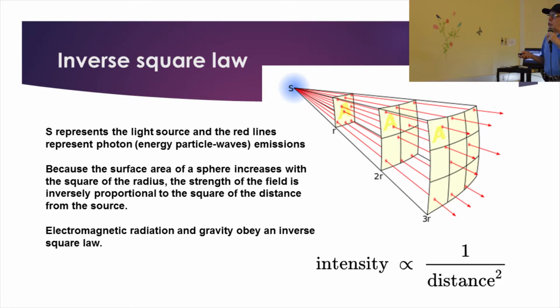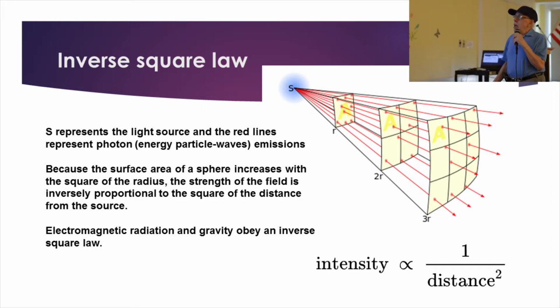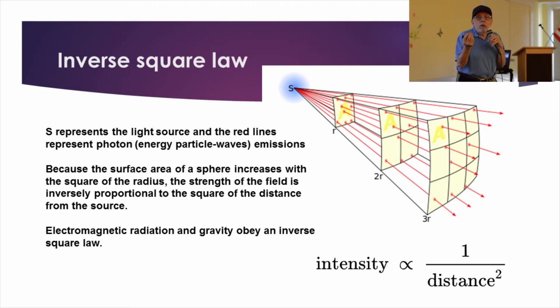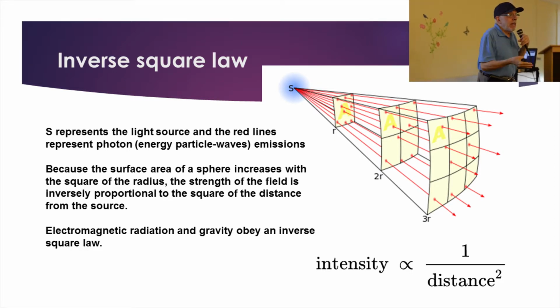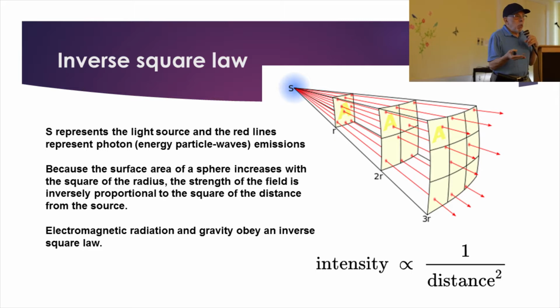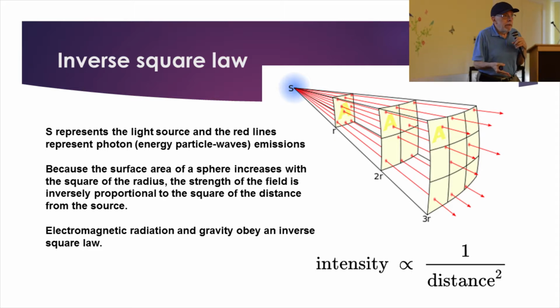If you move to 2r, double the distance, you have 4 times the surface area. Clear? Now, if you have 4 times the surface area but the same amount of radiation, that means the intensity of the radiation will be 1/4, right?